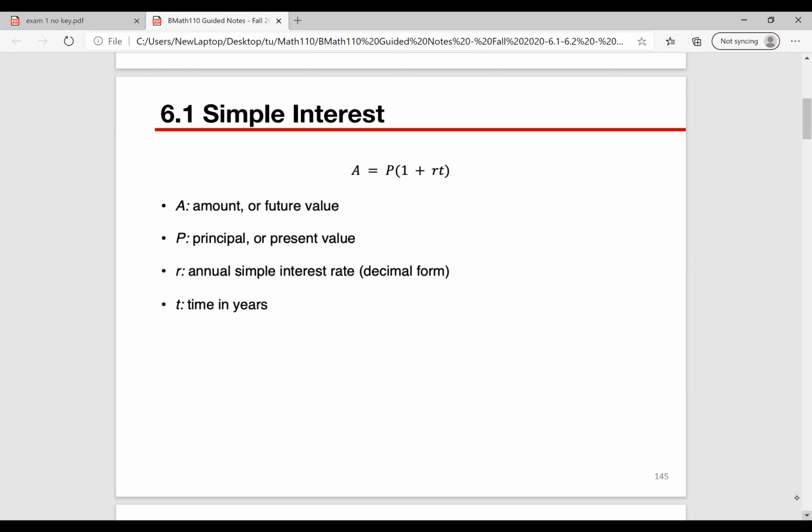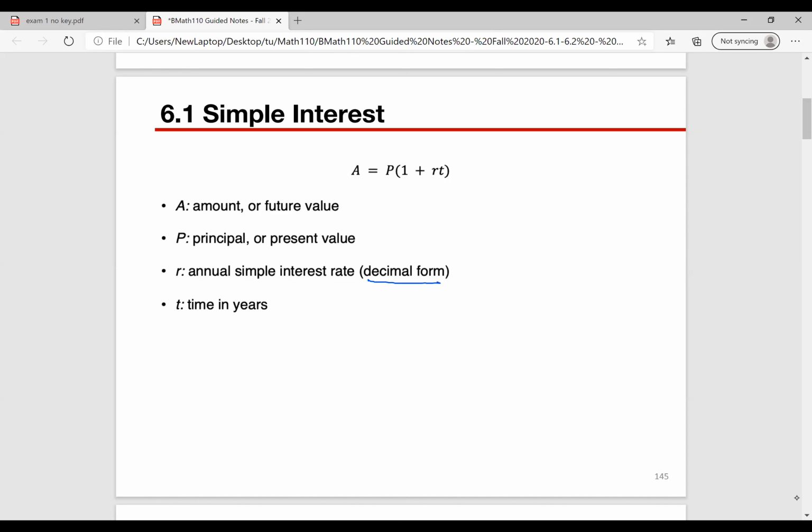A is the amount or the future value, and P is the principal or present value, like the initial amount of money that you have. R stands for the annual simple interest rate, which always has to be in decimal form, and T is time in years.